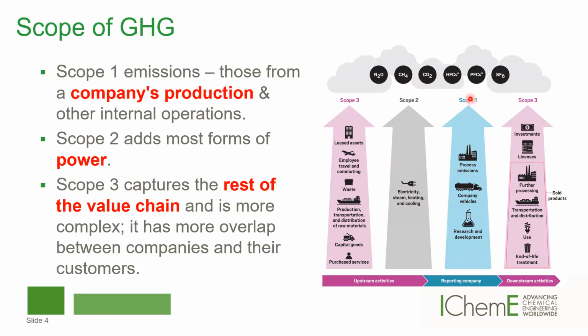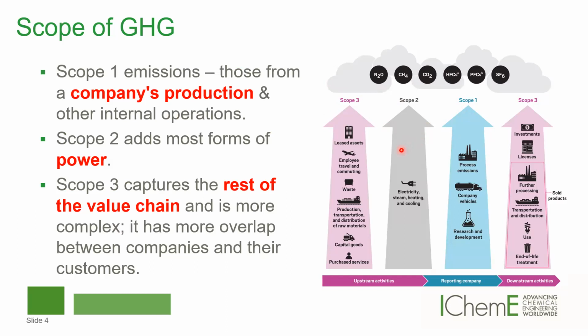So it's from process emissions, company vehicles, research and development. Okay. So those are scope 1. These terms or definitions are very common, so I hope that you will remember scope 1, 2, and 3.